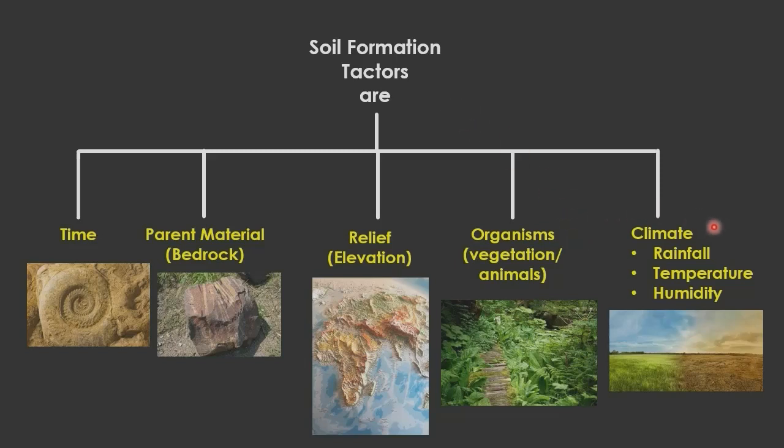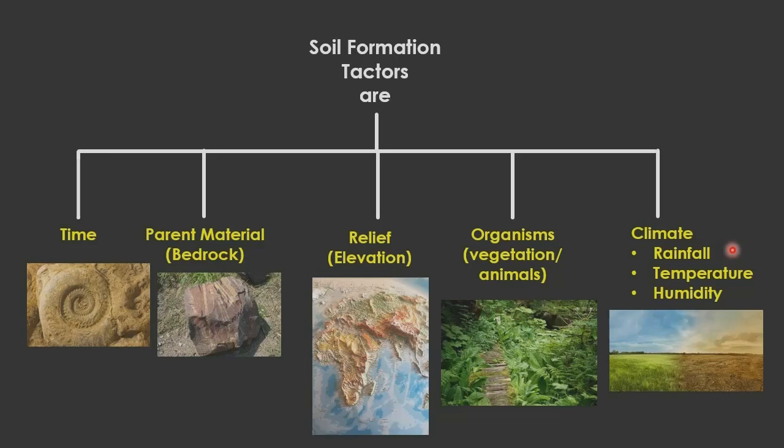And the last one of the five is climate. So that includes rainfall, temperature, humidity. So these are the different factors that affect weathering. So as you see, weathering is a geological process of exposing our rock into the environment.